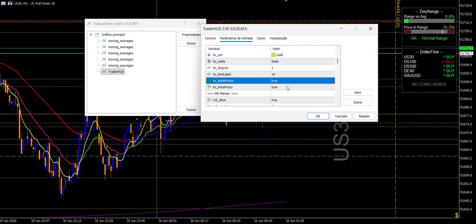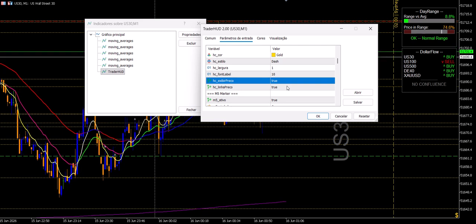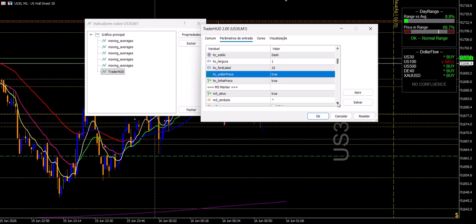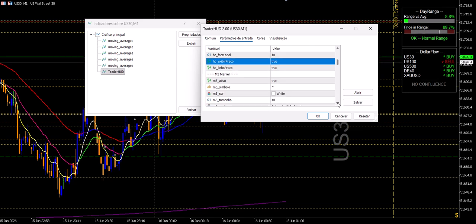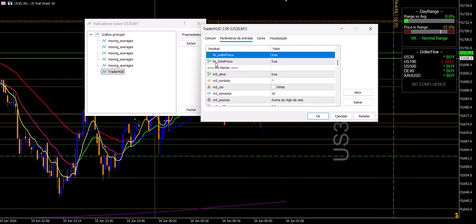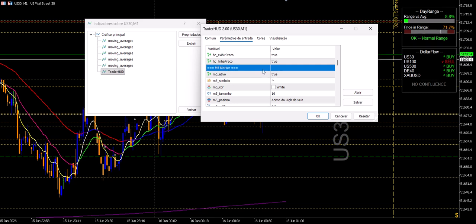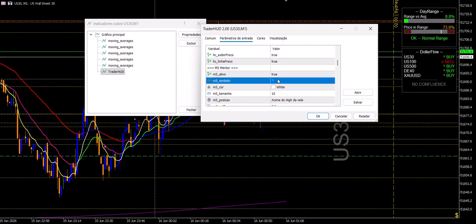Enable price on line: if you hover over it, it shows the price, okay? This is the price line. You can record each hour's open price and know what it was in history.